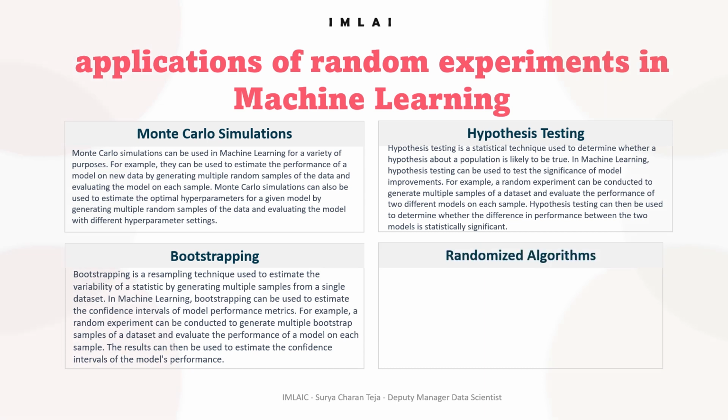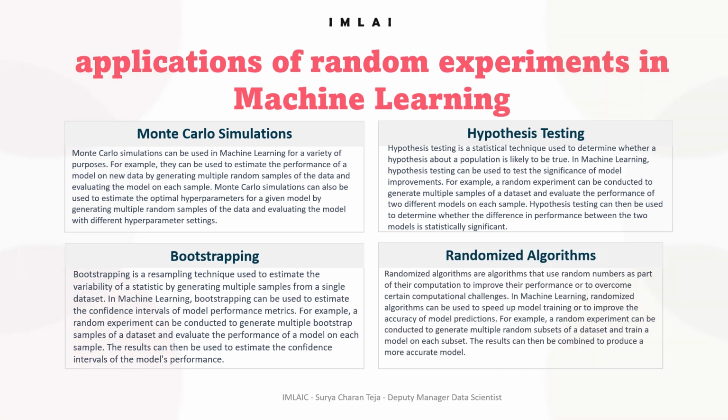And finally, randomized algorithms are algorithms that use random numbers as part of their computation to improve their performance or to overcome certain computational challenges. In machine learning, randomized algorithms can be used to speed up model training or to improve the accuracy of model predictions.